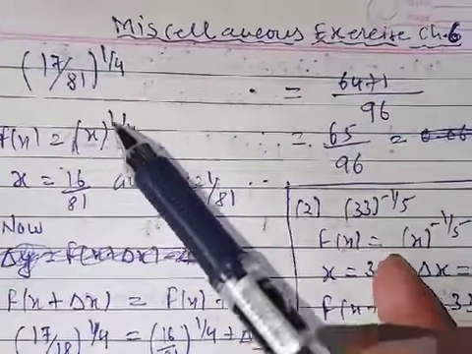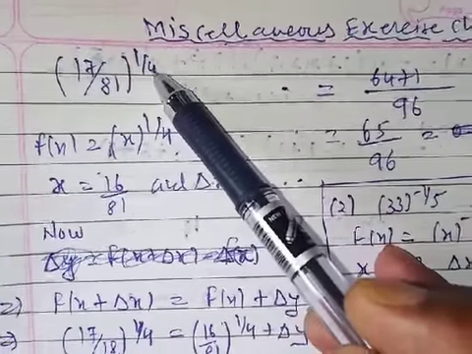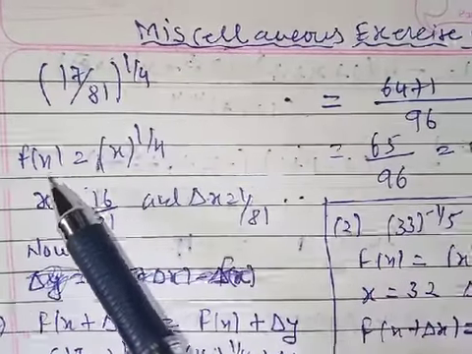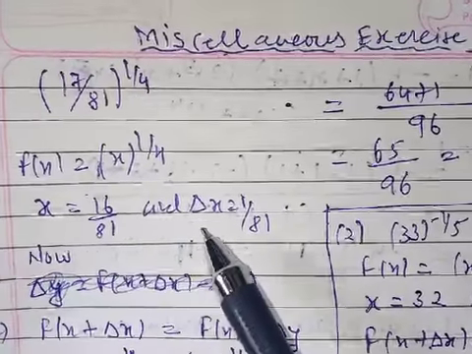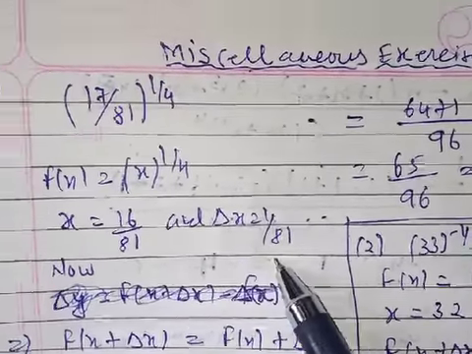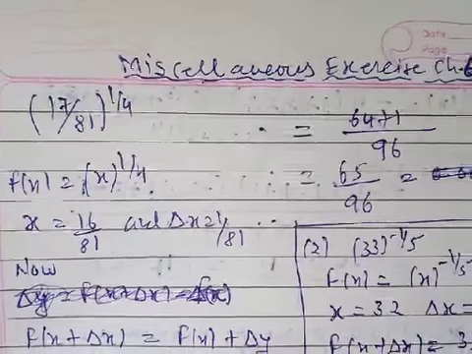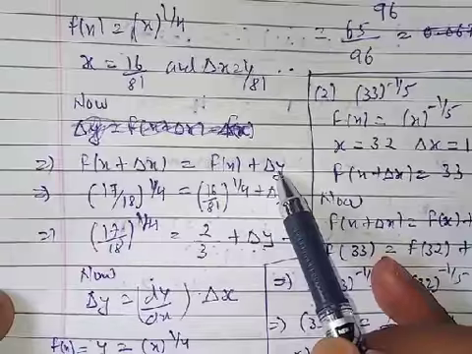So x is equal to, you can say, 81 can come out from the 1 by 4th root, but 17 cannot come, so 16 you have to take. So f of x is equal to 16 by 81 and delta x is 1 by 81. What we know is that f of x plus delta x is equal to f of x plus delta y.